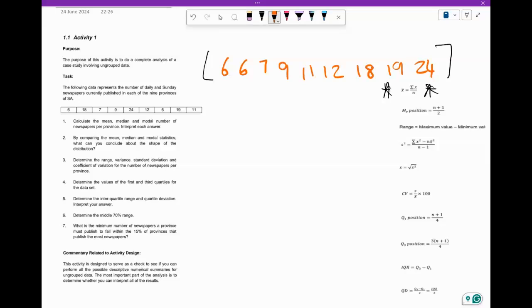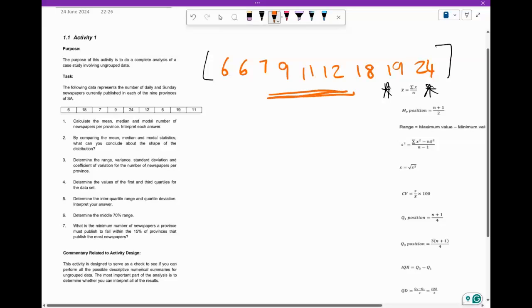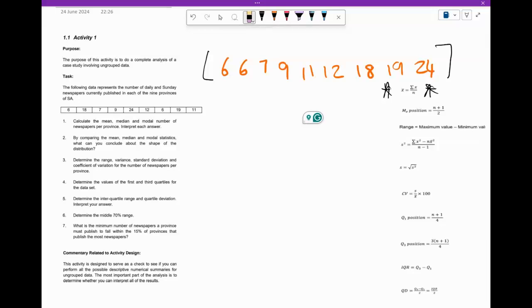So, what's the total? We're calculating the average or the mean. What's the total of all those? Or maybe I should do this so we know that these are separate.